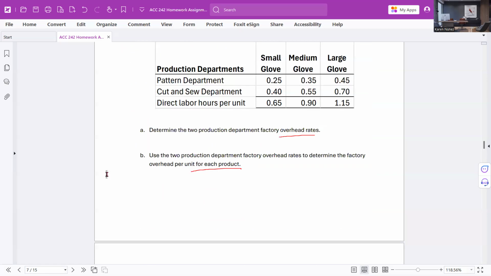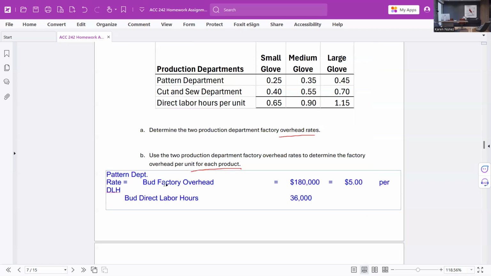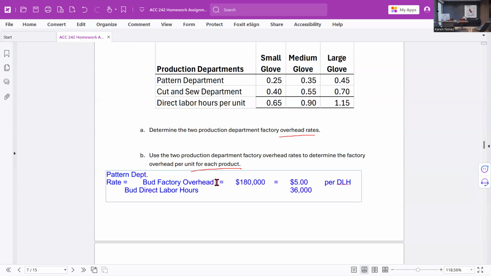So for the pattern department, our rate is equal to $180,000 divided by the 36,000 direct labor hours. So when we allocate overhead from the pattern department, this is the rate for the pattern department, it's going to be based on $5 per direct labor hour.